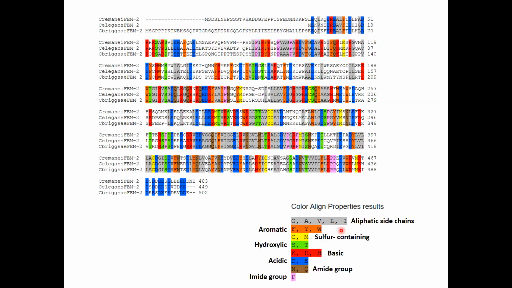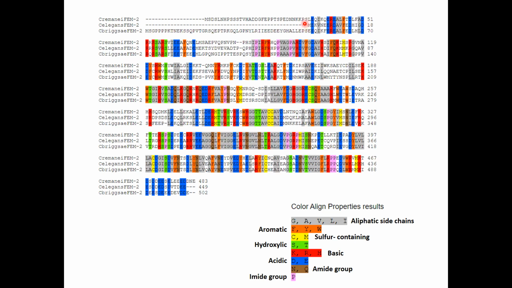For example, the gray color represents those amino acids which have aliphatic side chains in their structures. On the other hand, this yellow color represents those amino acids which have sulfur containing functional groups. Similarly, there are some basic amino acids, acidic, and then there are amino acids which have other physiochemical properties.